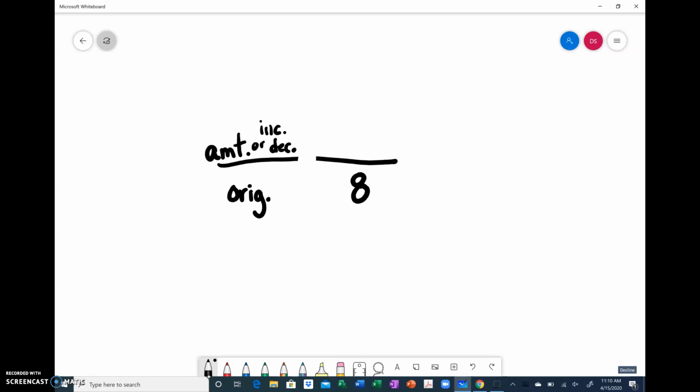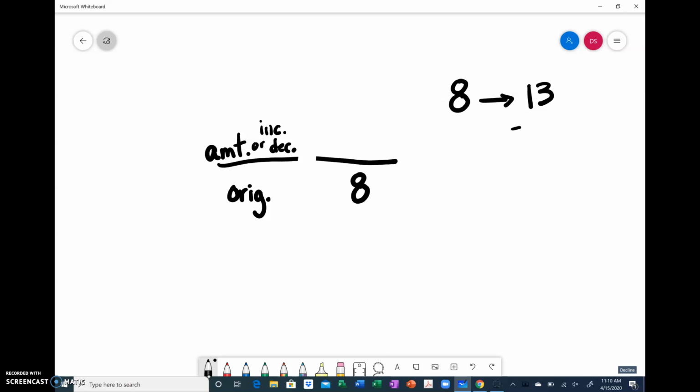Okay, so what was the amount of increase? So from 8 to 13, what's the amount of change? Well, this is actually easier than it looks. And again, you might remember at the beginning I said, why don't you just subtract? And you'll see that 5 is the difference between 13 and 8.